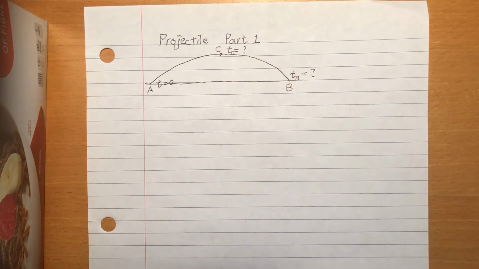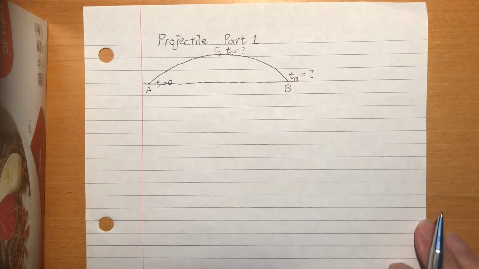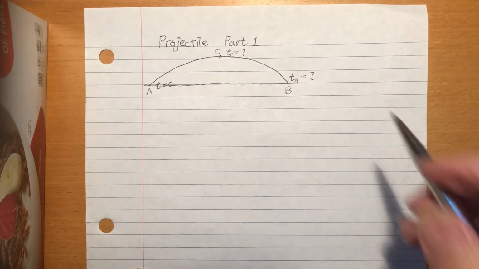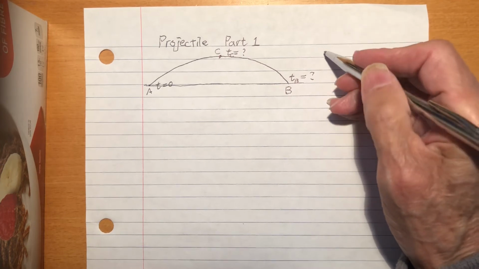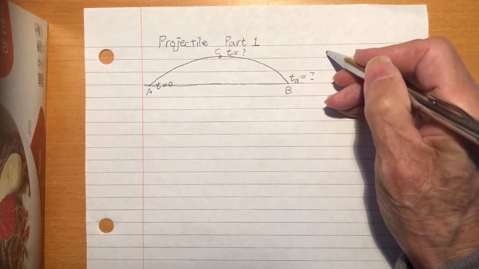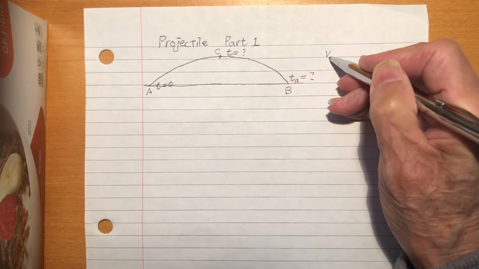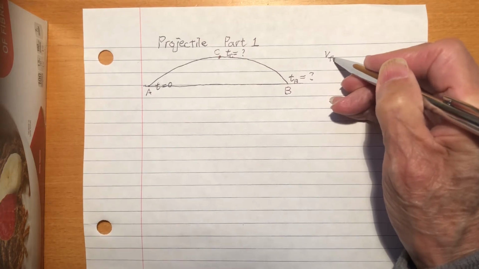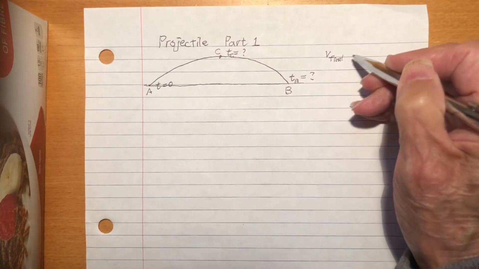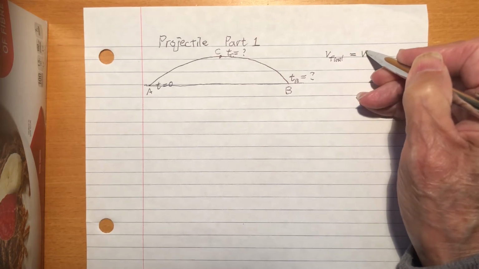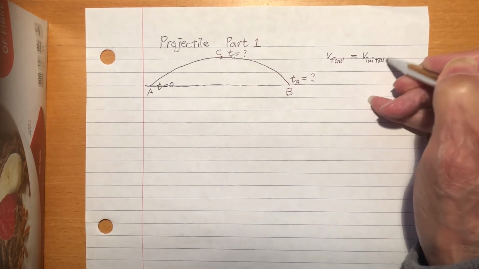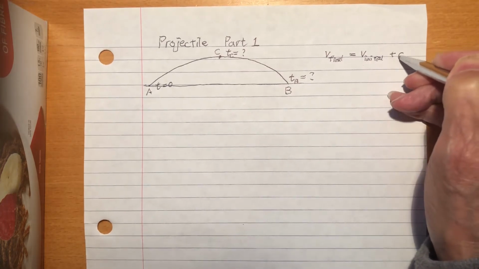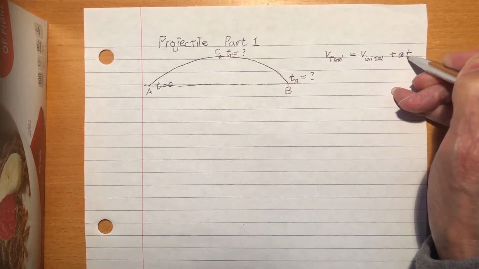The formulas we use are the kinematics equations. So V final is equal to V initial plus acceleration multiplied by time.